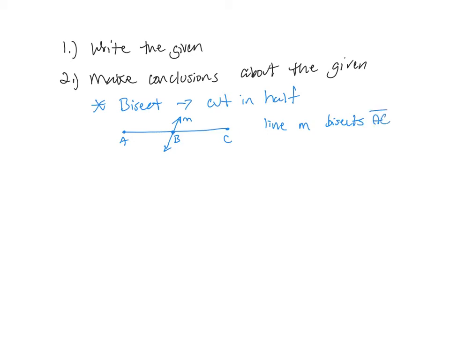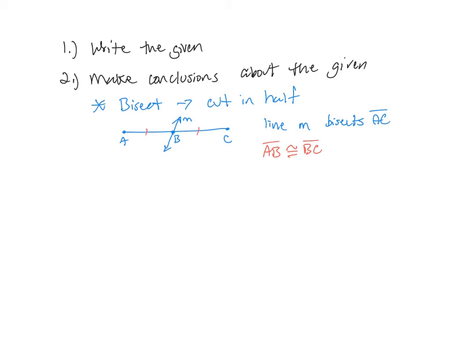So if that was in the given, it said line M bisects segment AC, then your conclusion that you can make is that AB is congruent to BC. Okay, because it bisects, it cuts it in half.